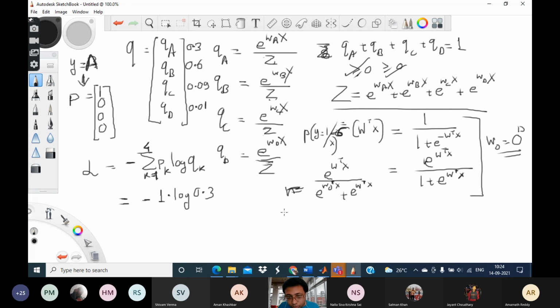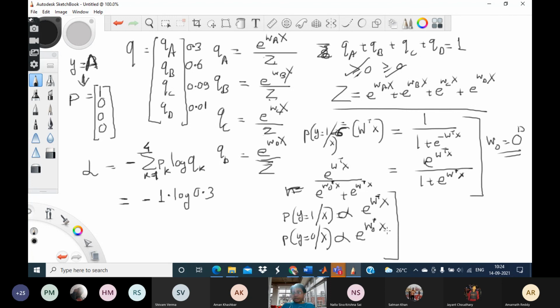So the whole thing becomes like this: the probability of one class is proportional to e to the power w transpose x, and the probability of the other class is proportional to e to the power w naught transpose x.